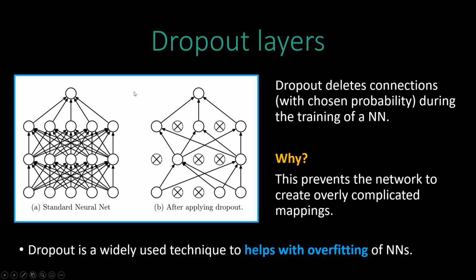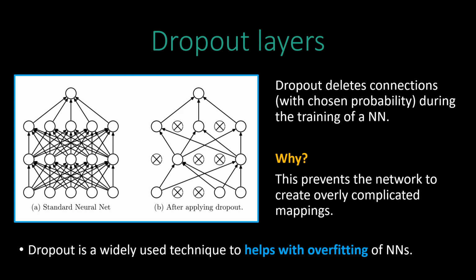And what dropout simply does is that during the training, it deletes some of these connections randomly. So we started with a standard neural network here, which had all the connections, everything connected with everything, and then applied dropout, and with some probability, which we set up in front, some of those connections were dropped, and so basically the amount of connections was reduced.